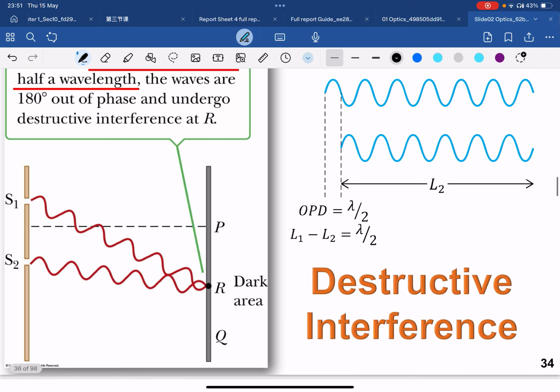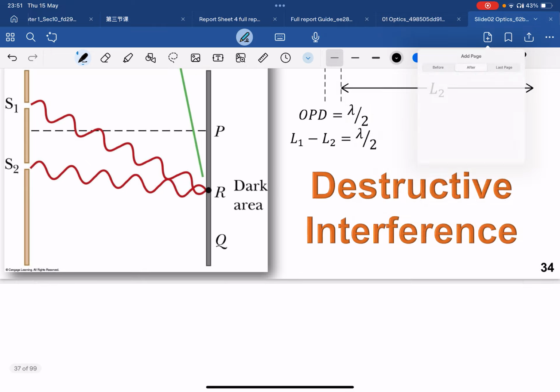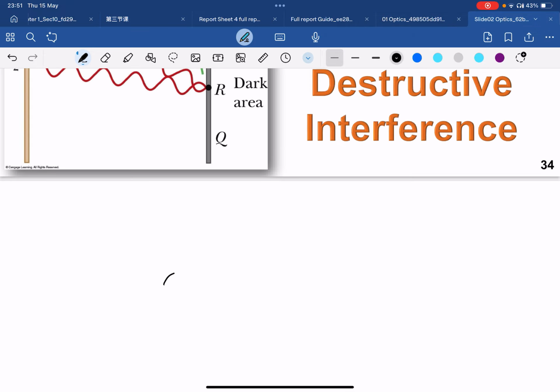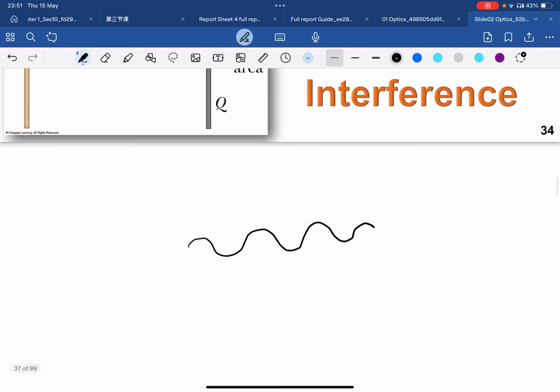And now a destructive interference is, say for example, you have two waves here. This is wave 1. This is wave 2.